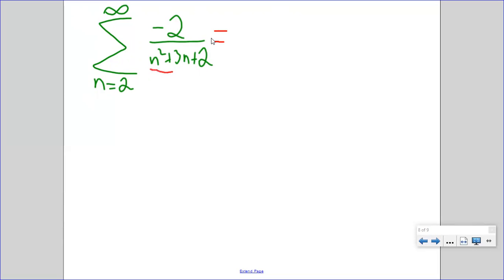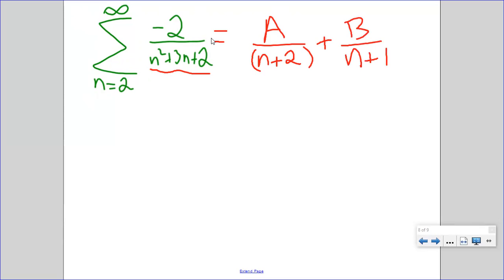How can we factor this denominator? You could do n plus 1 times n plus 2. Good. So this needs to be equal to a over n plus 2 plus b over n plus 1. Right? That's how I'm going to break down this fraction here.